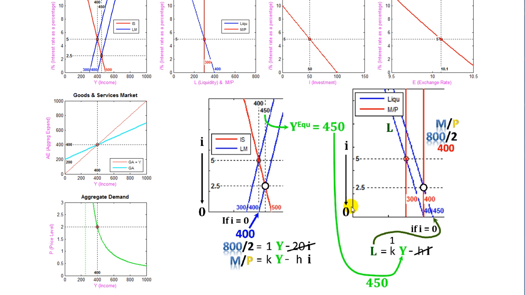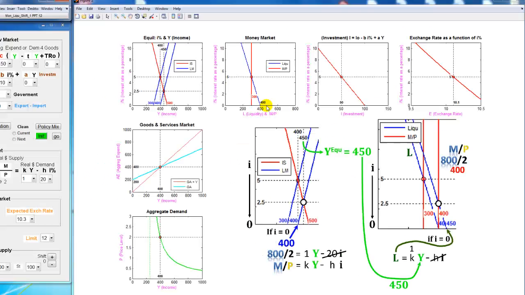When interest rate is 0, then L takes the value 450, and then this intercept is 450. So the blue line shifts from 400 to 450. So here we should see these two effects, the parallel shift of real money supply and the parallel shift of the real money demand.